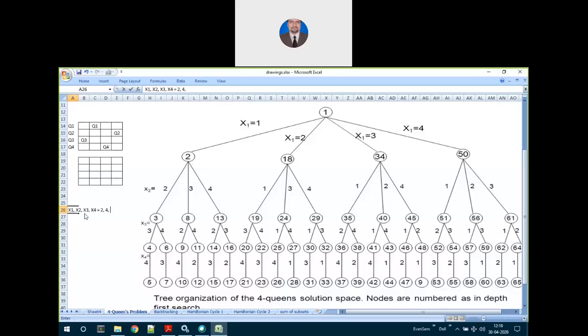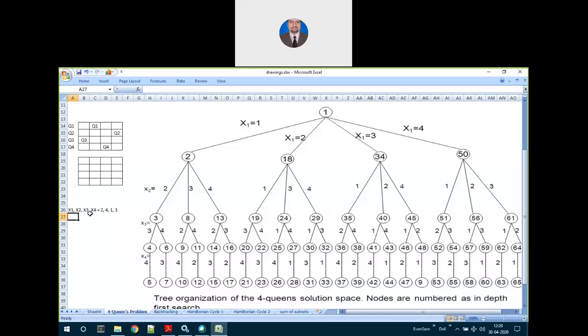Then x3 is Q3's value. Q3 is in which particular column? Column number 1. So x3 will become 1. Then x4 is for queen 4 and queen 4 is on the third column, so x4 will be 3.